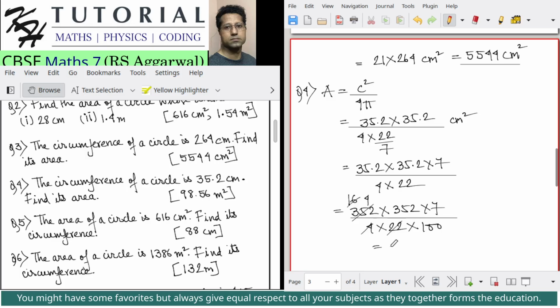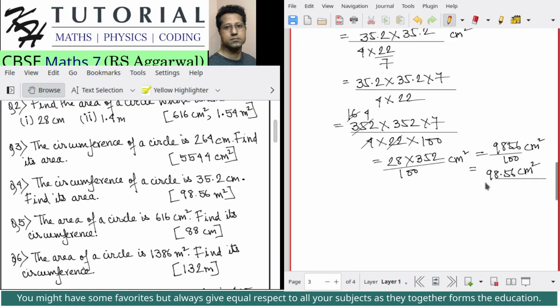So this is equal to 28 multiplied by 352 divided by 100. This much centimeter square. So how much is 352 multiplied by 28? It is 9856. So 9856 by 100 centimeter square. This is equal to 98.56 centimeter square.